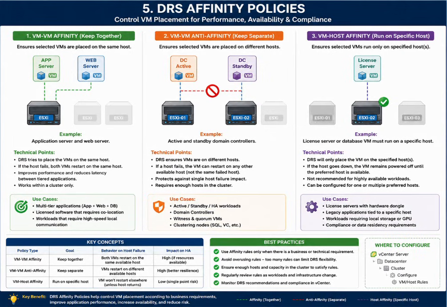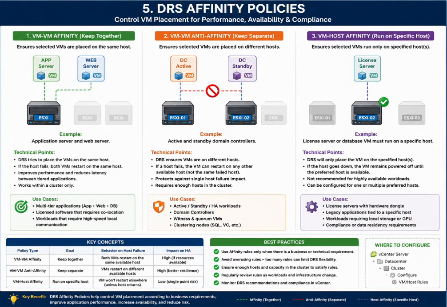Similarly, there is one more rule available, that is anti-affinity. If you want to keep virtual machines on different ESXi hosts, so that they do not come onto the same ESXi host after any DRS action, you use this rule.